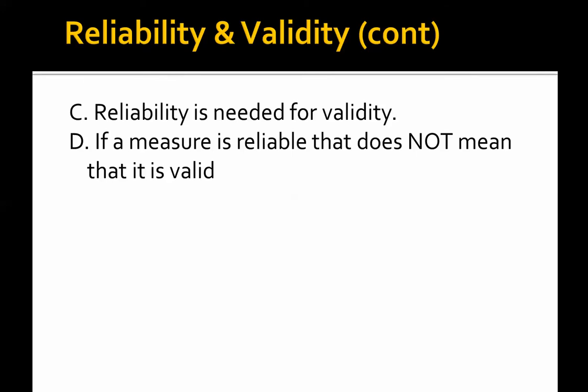I wish that was a good indicator of intelligence. You can get a reliable measure of that. You measure my head today, measure my head tomorrow, it should be the same size. So it would be a consistent measure. But just because it's consistent doesn't mean that it's a valid measure. Does this actually predict how intelligent I am? And the evidence doesn't exist for that.